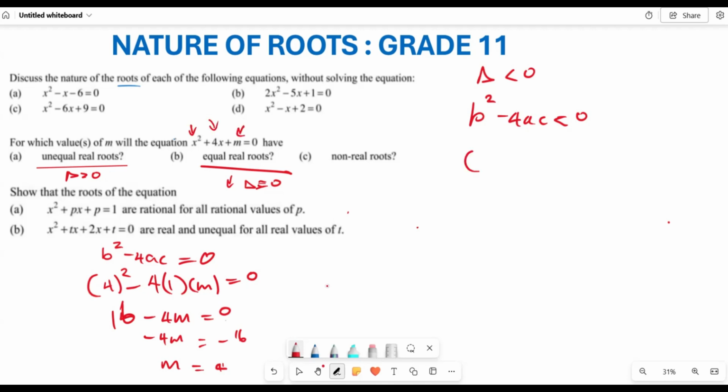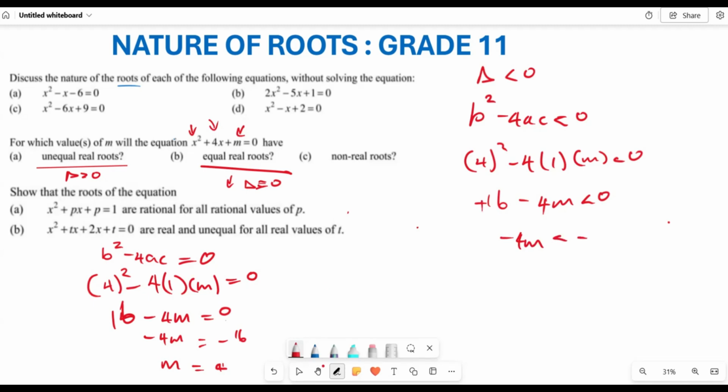Now, this is still 4 squared subtract 4, your a is still 1, and your c is still m. This is less than 0, so this is 16 subtract 4m is less than 0. Then this is the same as negative 4m is less than negative 16, since the 16 was positive.